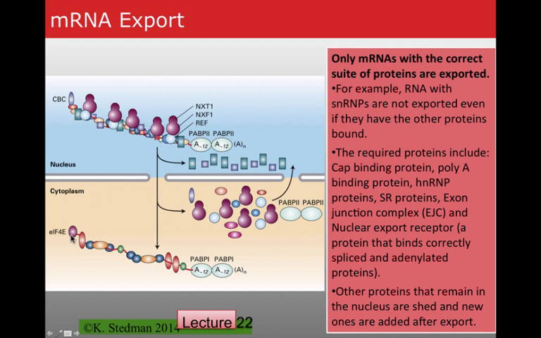And then it's this complex with our friend eukaryotic initiation factor 4E binding to the cap structure, which now can be translated into your protein.